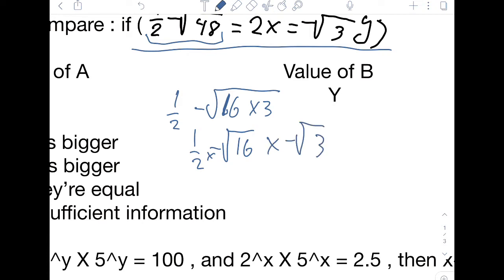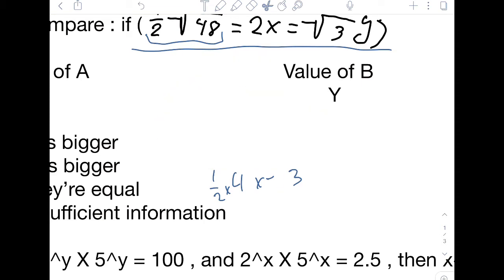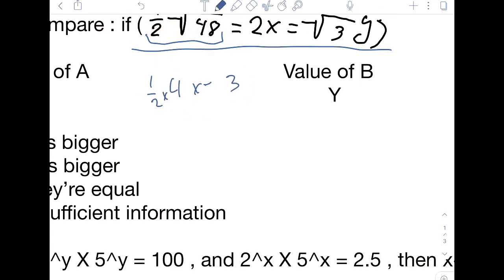So let's simplify this even more. Half multiplied by the square root of 16 is 4 multiplied by the square root of 3. So this is our first simplified section. Any question that seems too much or too huge or too large, just simplify it, and you'll find something.